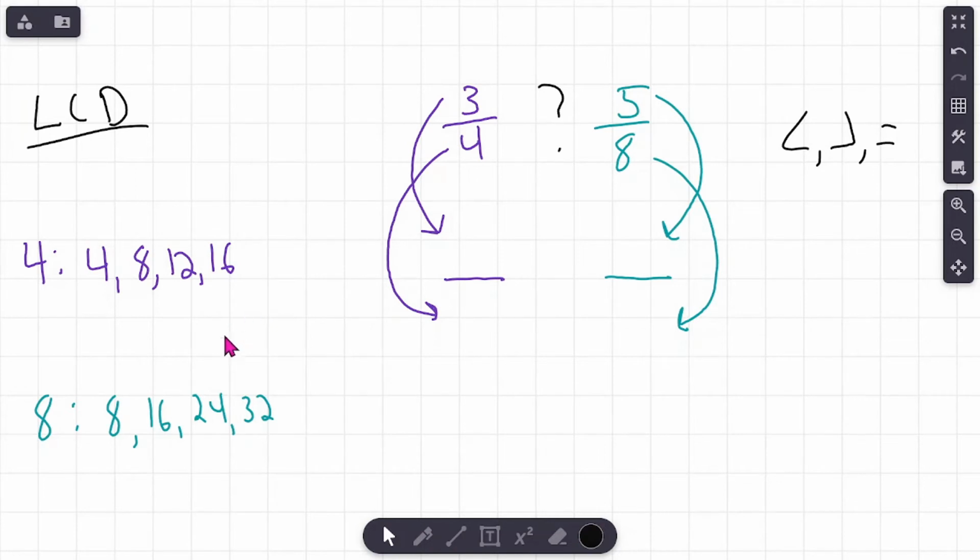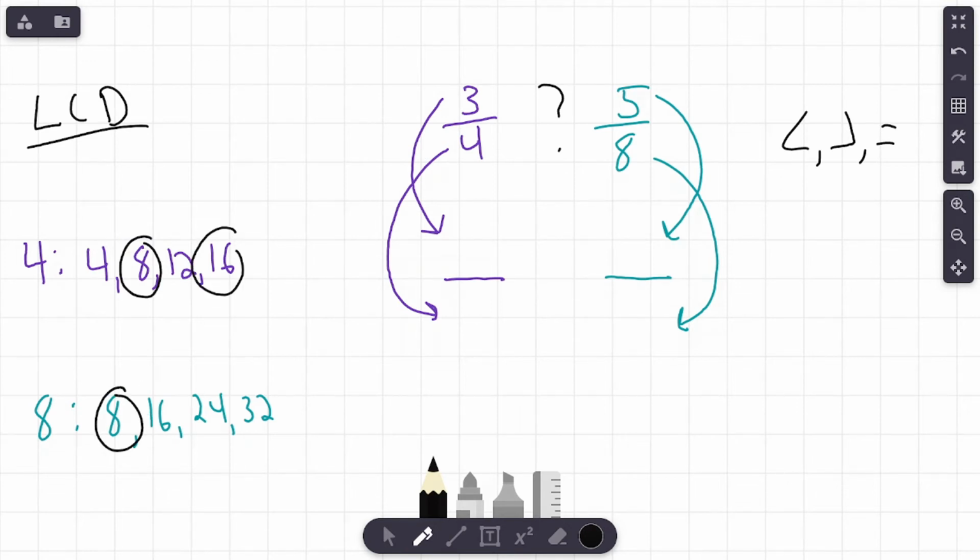Well, I notice two numbers they have in common. I notice the number 8 and the number 16. When that happens, especially in this problem, we're looking for the least, the LCD. The least means the smallest number they have in common. And in our problem here, the 8 is the smallest number they have in common.